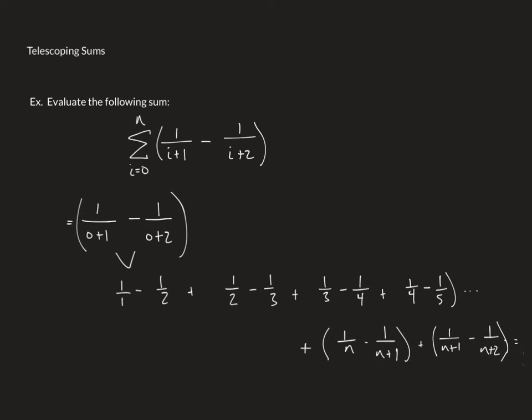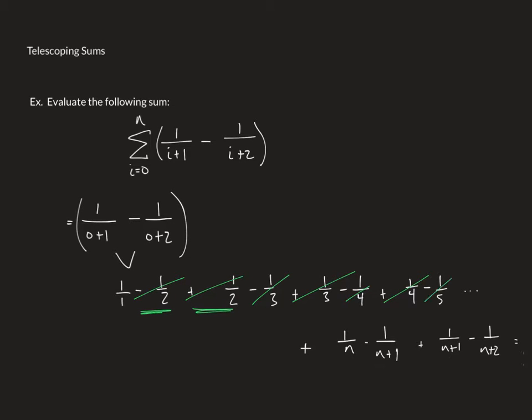So with these gone, you might be able to notice that there's some nice cancellation that's going to take place. Because you'll see, if I've got a negative 1/2 here and a positive 1/2 here, those two things are going to cancel. Negative 1/2 plus 1/2 is 0. And I'm going to have a similar situation with this negative 1/3 and a positive 1/3, and a negative 1/4 and a positive 1/4.